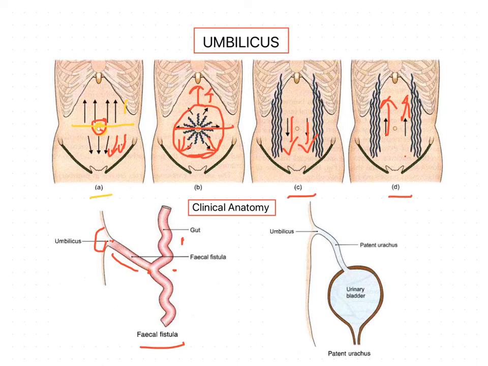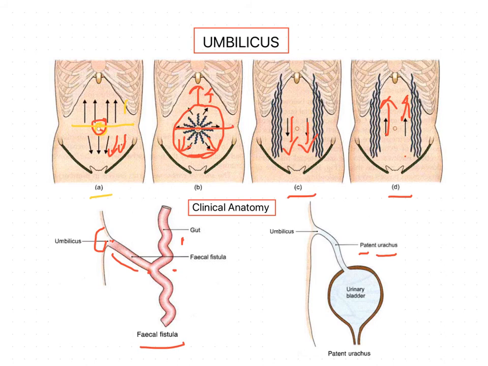Okay. And also persistence of the urachus. The urachus is related to the excretory system. Normally the urachus is a tube-like structure. Patent means open. So a tube-like structure which opens to the umbilicus as well as the urinary bladder is an abnormal connection after birth, which is rarely seen.